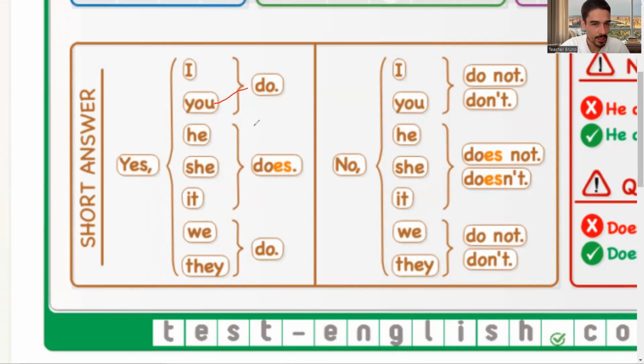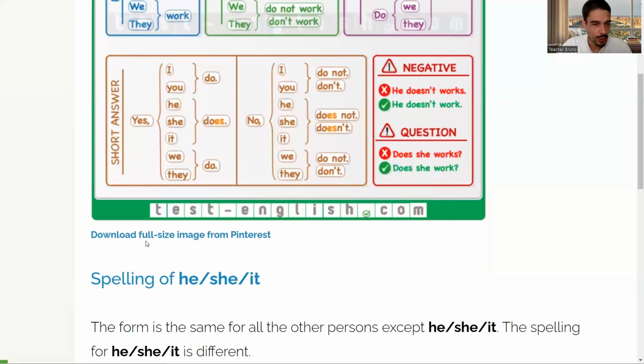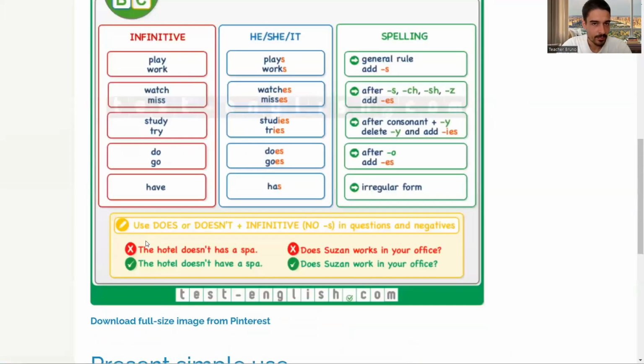Yes, he, she, it does. So this is the short answer in English. Third person, that means attention. There's something different here. And we and they, that is the plural form. We do and they do. So this is the short answer.